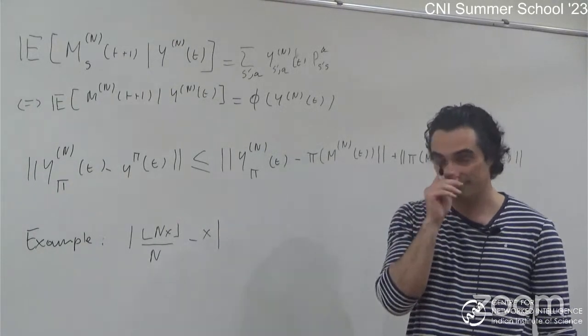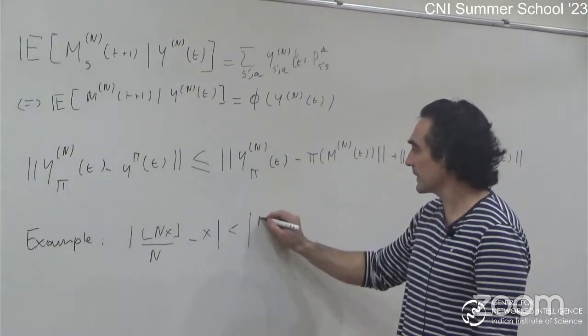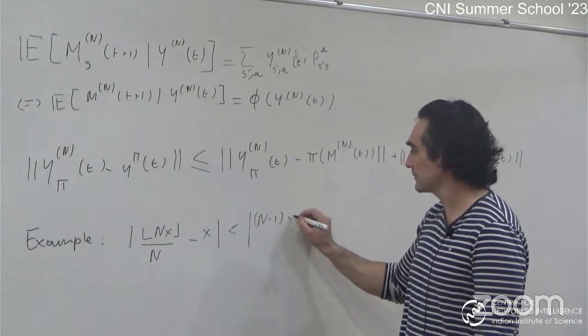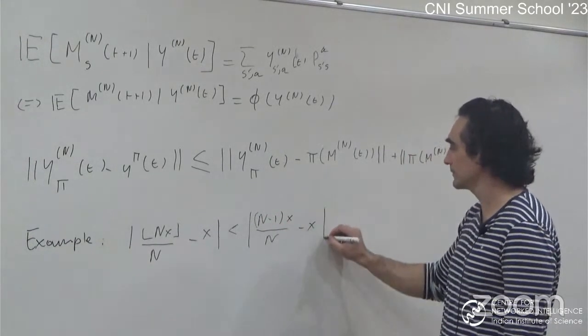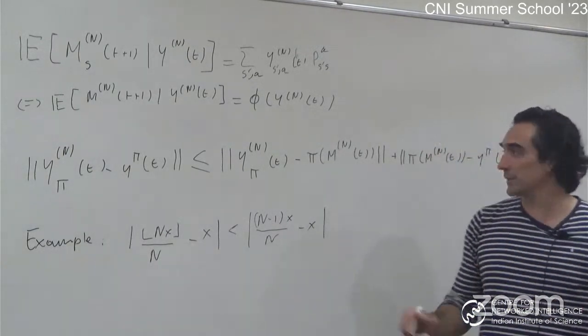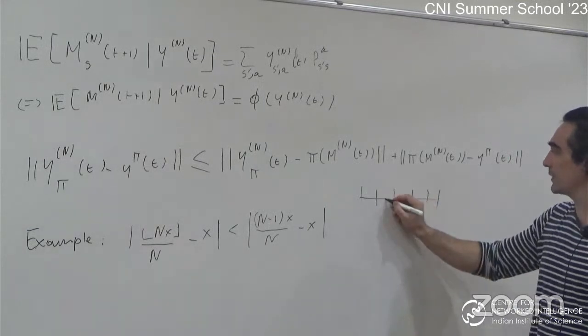This you can always upper bound by n minus 1, x and minus x. Basically, you have a point here.